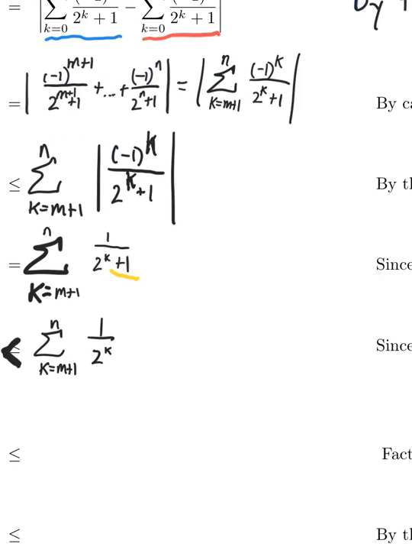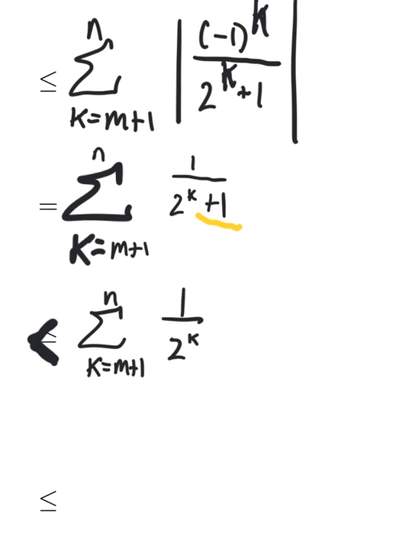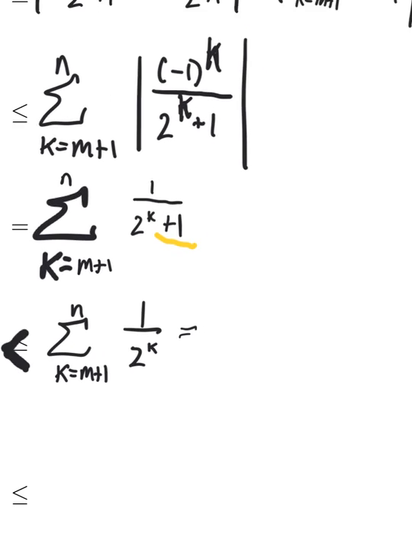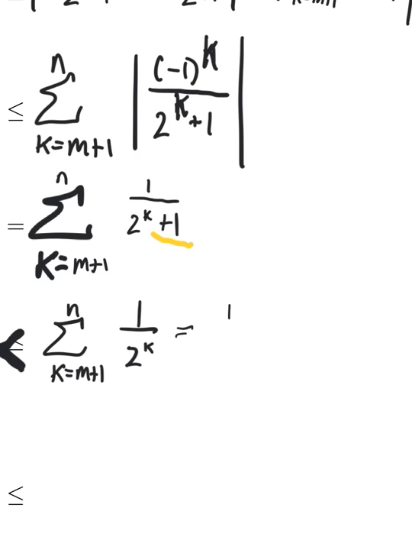But you notice that these things have a bunch of common factors. They're all powers of 2, so they all have a bunch of 1/2s in common. In order to really emphasize, if you don't feel comfortable with summation notation, I'm going to expand out the summation notation. So I see 1 over 2 to the m plus 1 plus dot dot dot plus 1 over 2 to the n.